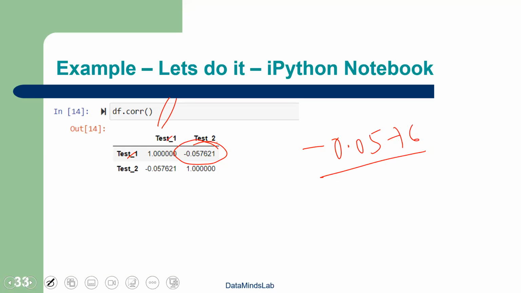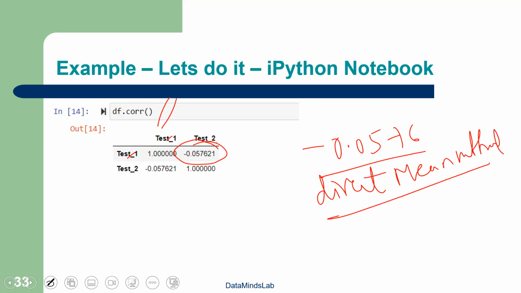Just make a note. Whatever I calculated with that formula, I have a different value when I do it with the data frame correlation. That is because here it is using the direct mean method.